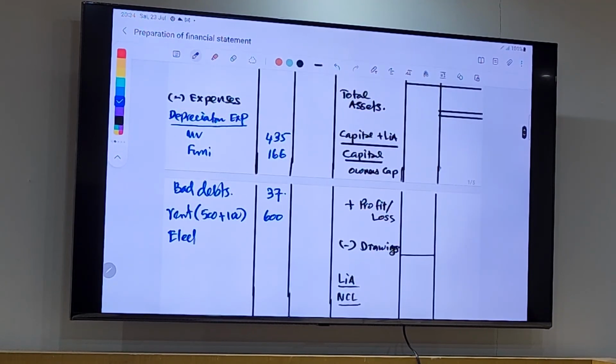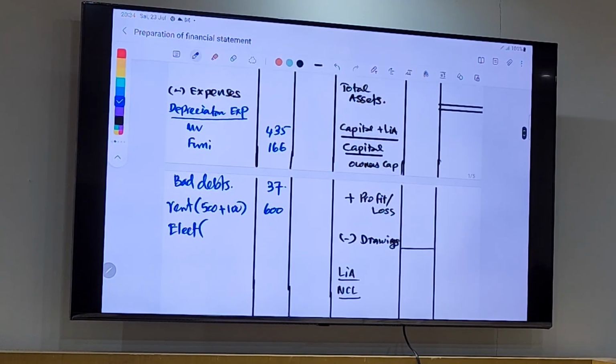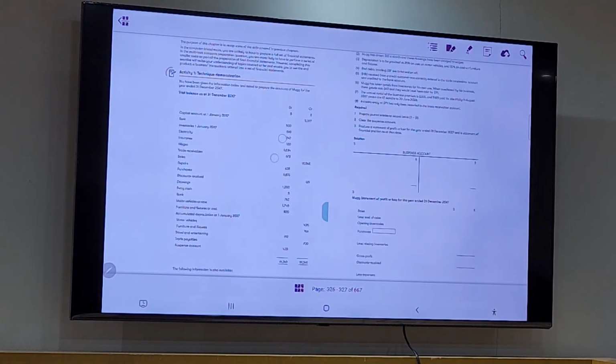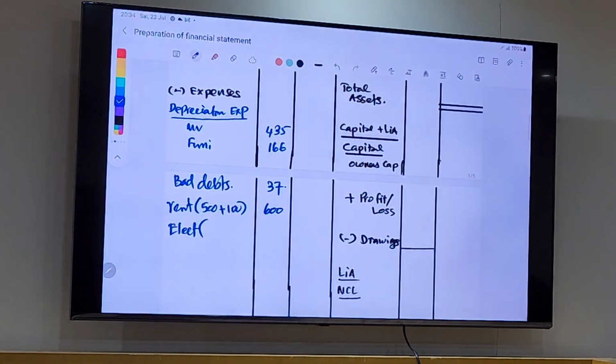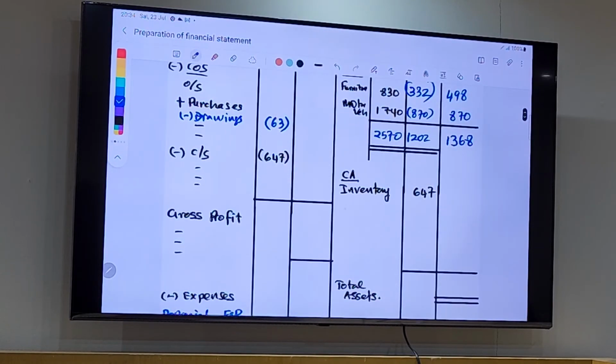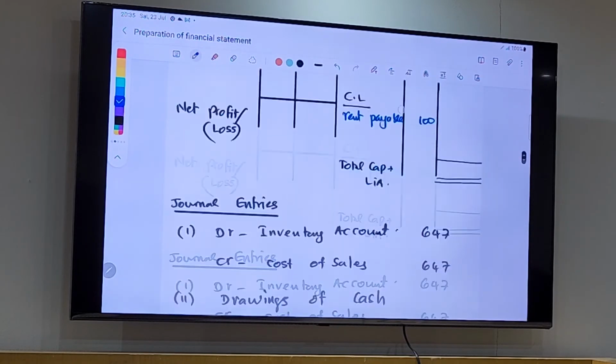Electricity, how much is in the trial balance? 240 minus 90, I think 150. And then leave one line here. Prepaid electricity 90. Debit prepaid electricity and credit electricity expense.